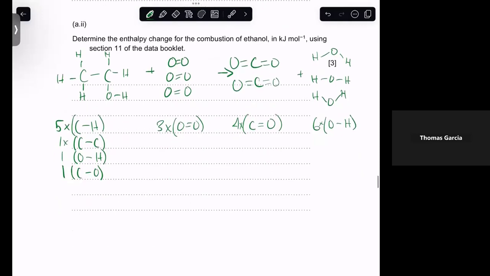Before I do, once again, bonds broken minus bonds formed, I do notice that I have O single bond H and O single bond H, so I'm actually going to cancel this out a little bit. We're out of these, and this goes from a 6 to a 5. All right. So I'm going to go ahead and do broken minus formed.